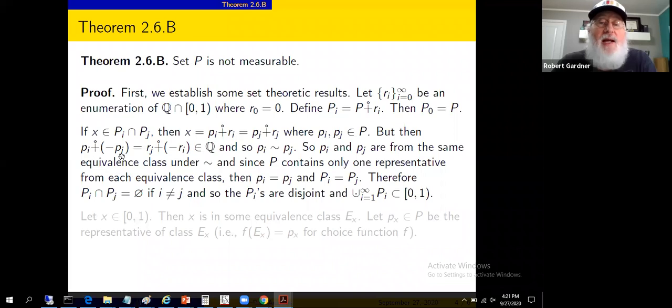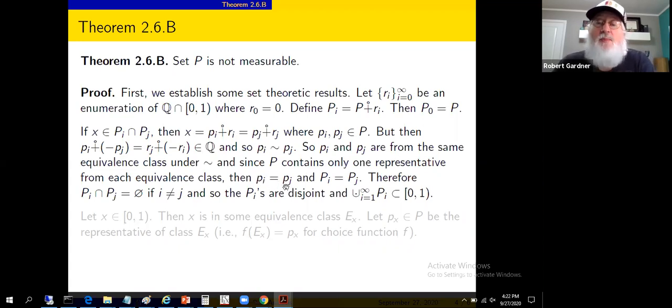So p sub i and p sub j differ by a rational. That means they're rationally equivalent. If they're rationally equivalent, they're from the same equivalence class under tilde. P contains only one representative from each equivalence class. These are from the same equivalence class, so they must be equal.